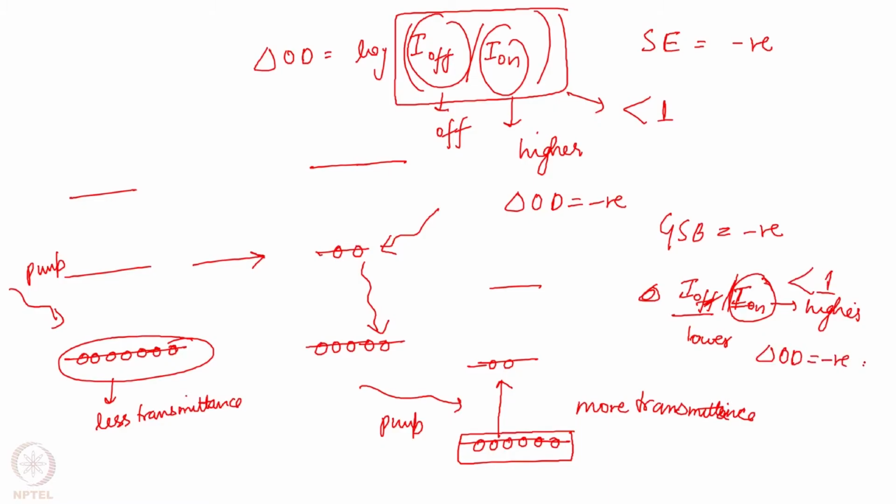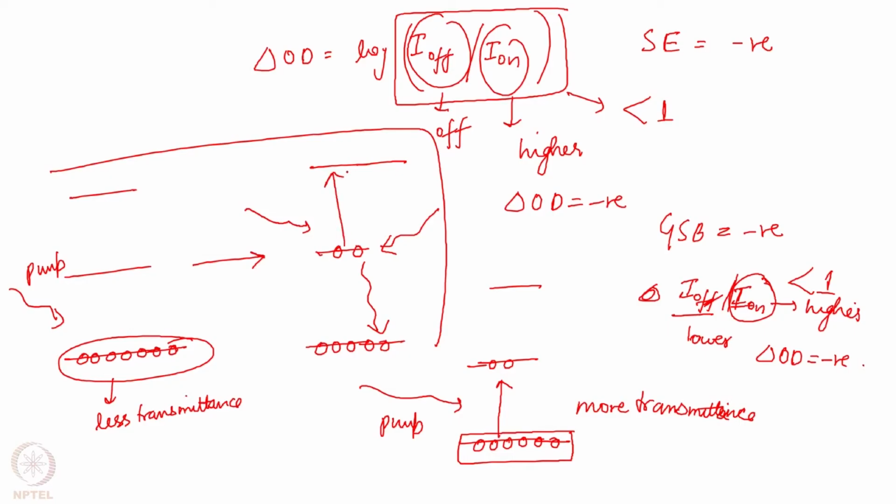Now for excited state absorption, there should be some population created in the first excited state by the pump. So the picture can be seen the same, like this. So there is some population in the first excited state. For the excited state absorption, the probe should excite this population further to a higher level.